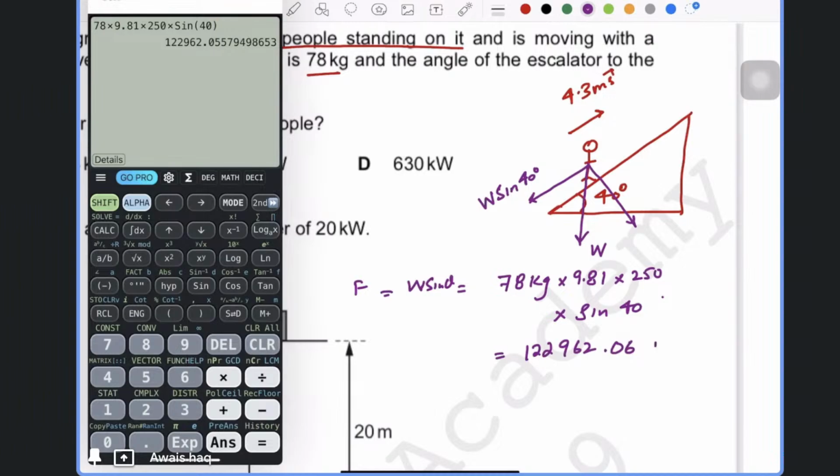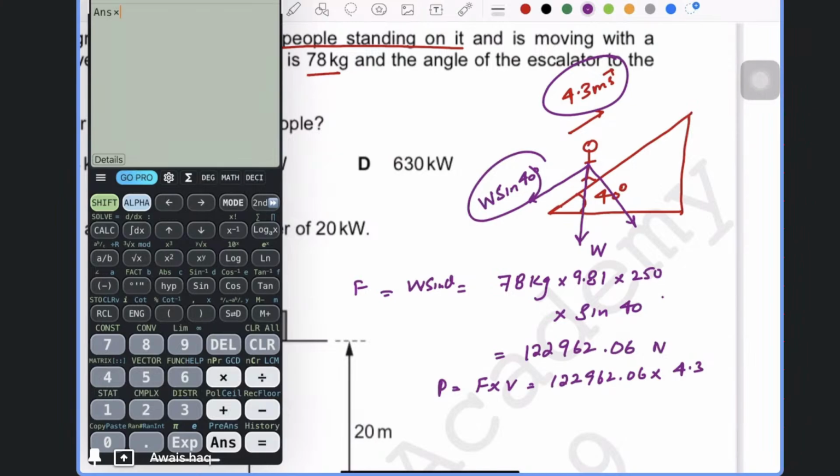Then power is force times velocity, because this force and this velocity are in the same direction. So 122,962.06 times 4.3, and I'm going to get 528736.8, which is basically 5.3 times 10 to the power 5 watts.